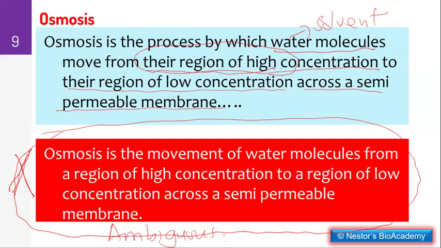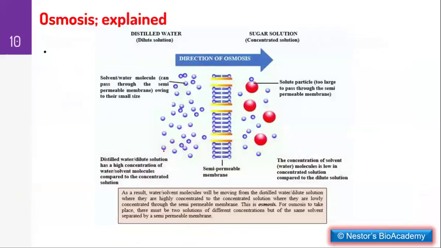And remember, osmosis has to be specified as a movement of water molecules from their region of high concentration to their region of low concentration across a semi-permeable membrane. If we are to illustrate this further again, you can observe this as the semi-permeable membrane.